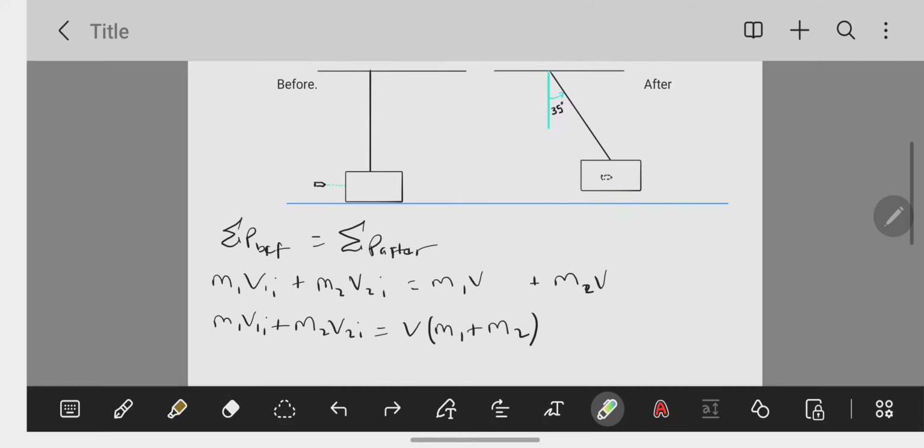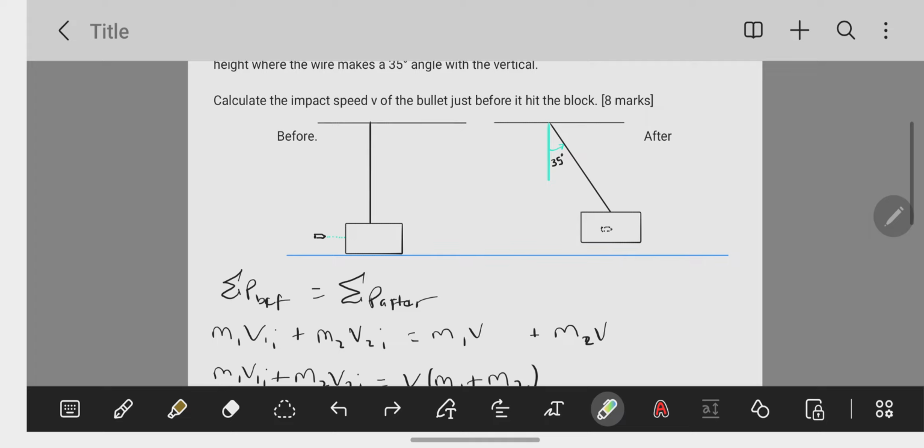Because it's isolated, mechanical energy is conserved. So the mechanical energy while it is there will equal the mechanical energy when it's there. Let's find what the initial speed was that caused this pendulum to swing up there.